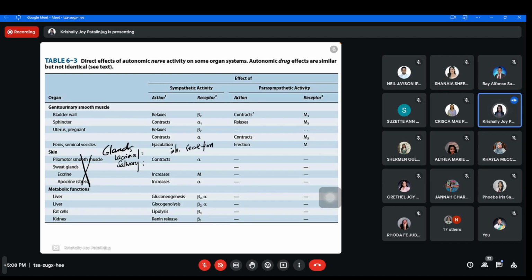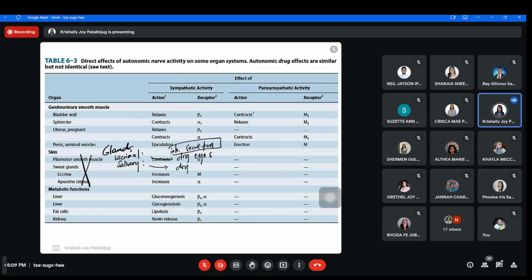Okay, inhibition of secretion. So instead of may pagluluha, inhibited yung pagluluha, so walang tearing na nangyari. So that's dry eyes, no? Dry eyes. Okay, for lacrimal gland. For salivary gland, sympathetic activity, related dito yung dry mouth.